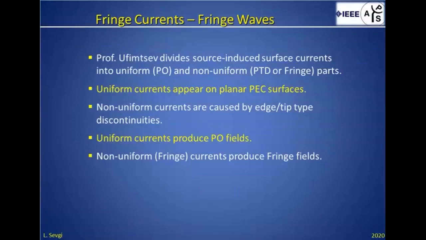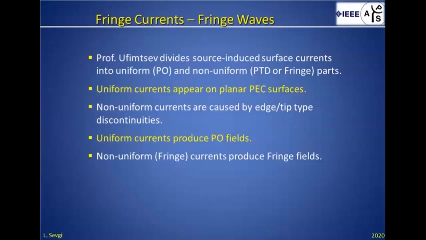Okay. The last part belongs to fringe currents, PTD currents. As we said before, source-induced surface currents can be divided into uniform, which we call physical optics currents, and non-uniform PTD currents or fringe parts. So you send a signal onto the wedge, and that signal creates surface currents on both faces of the wedge, and we try to divide those currents into uniform and non-uniform parts.